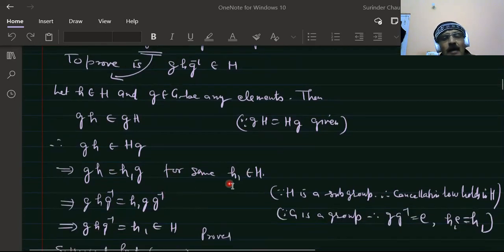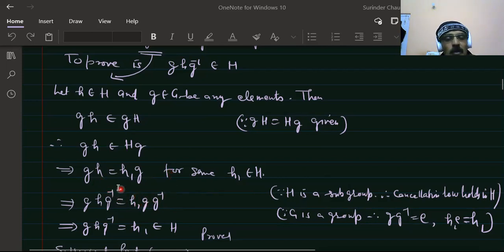Since H is a subgroup in itself, and we have read in the properties that if H is a subgroup, then both the cancellation laws hold true in H. So apply the right cancellation law by g inverse.